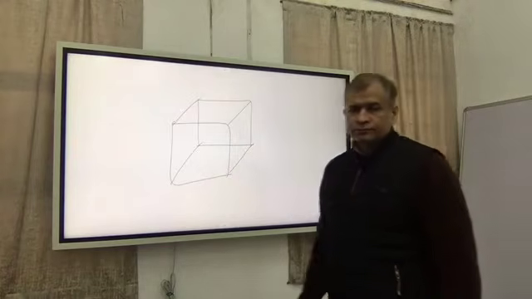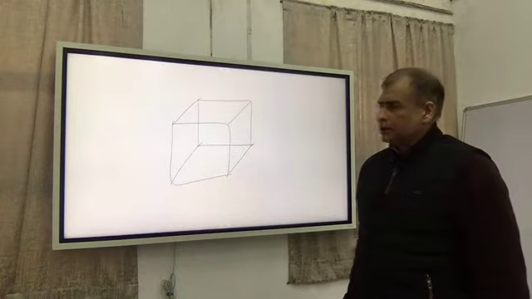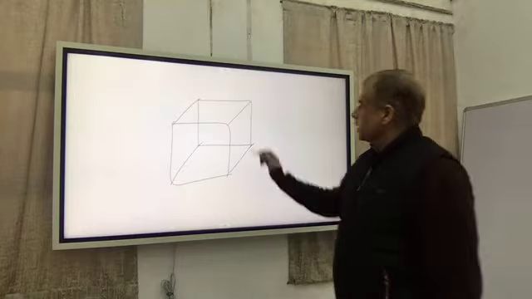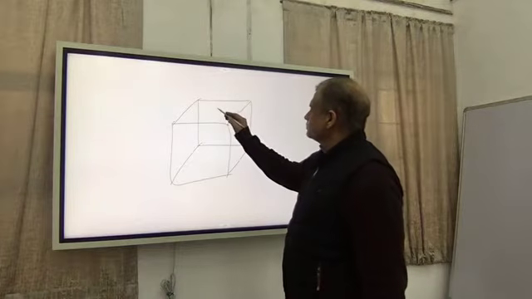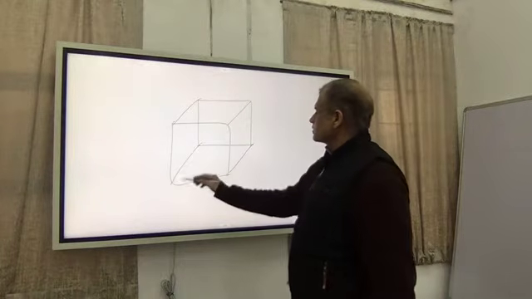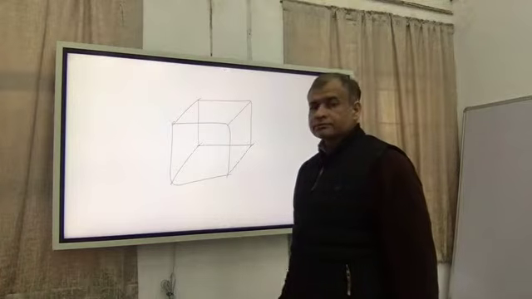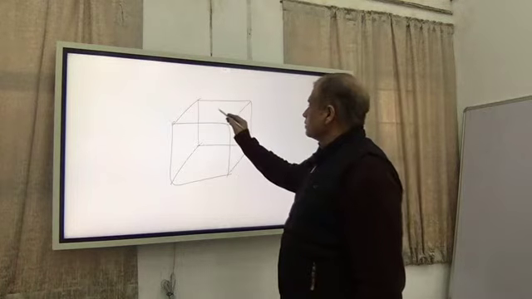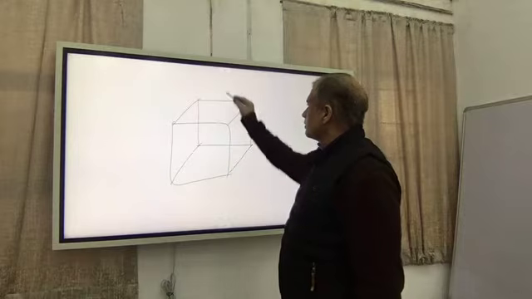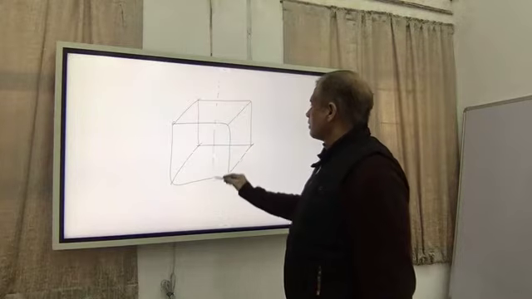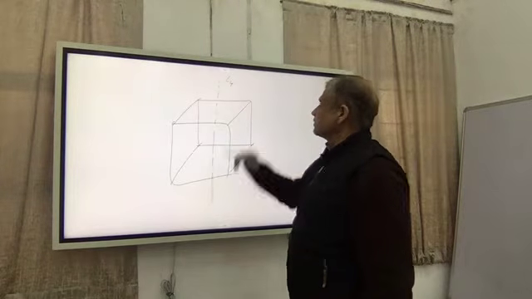This is a cube, and this has two squares, one above the other. So this can be a C4 axis for the cube.